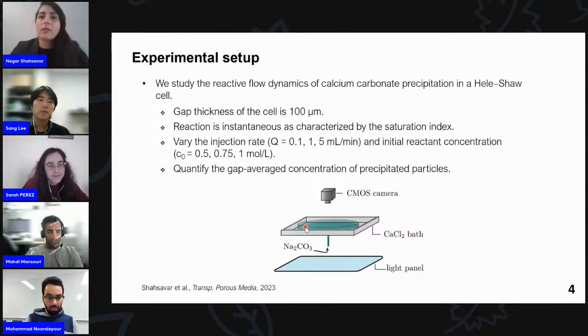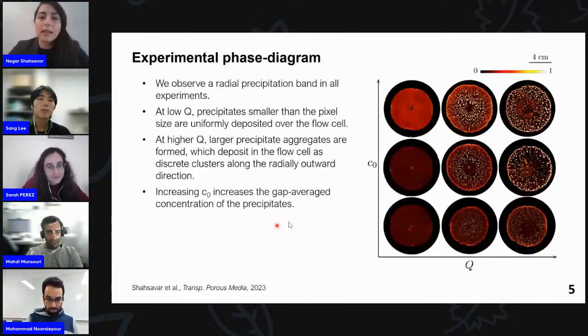And then we normalize that by the highest value of the precipitation, which is the parts that we know are not moving. It means that they have filled the whole gap thickness in higher injection rate experiments. And then we have a semi-function of how much precipitation we have in the gap.